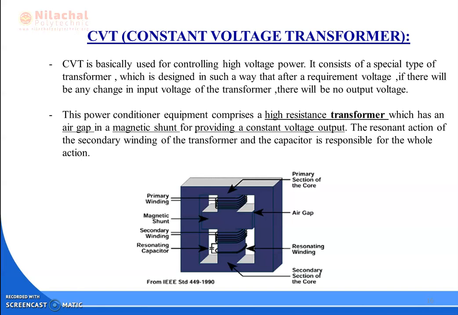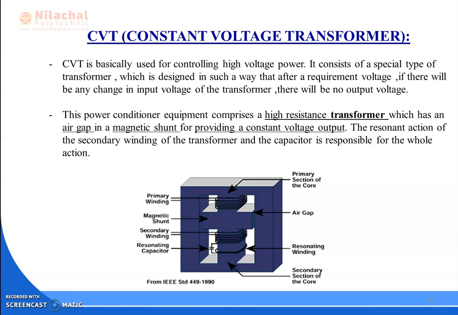It is a power conditioner equipment comprising a high resistance transformer which has an air gap in a solid type of magnetic shunt. This magnetic shunt helps in dividing the CVT into two parts, one is the primary winding and another is the secondary winding.